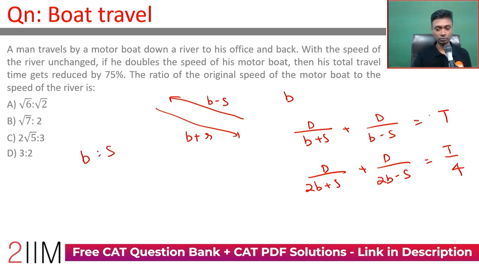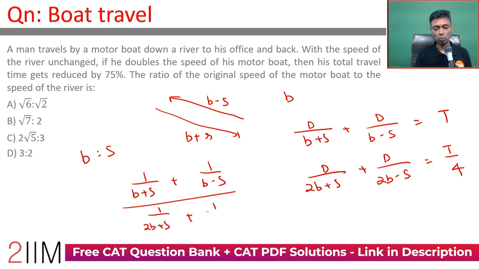This holds good. I'm going to remove T and D from this equation by dividing one by the other. If you divide this equation by this equation, D gets away. We'll have 1 by B plus S plus 1 by B minus S divided by 1 by 2B plus S plus 1 by 2B minus S to be equal to 4.